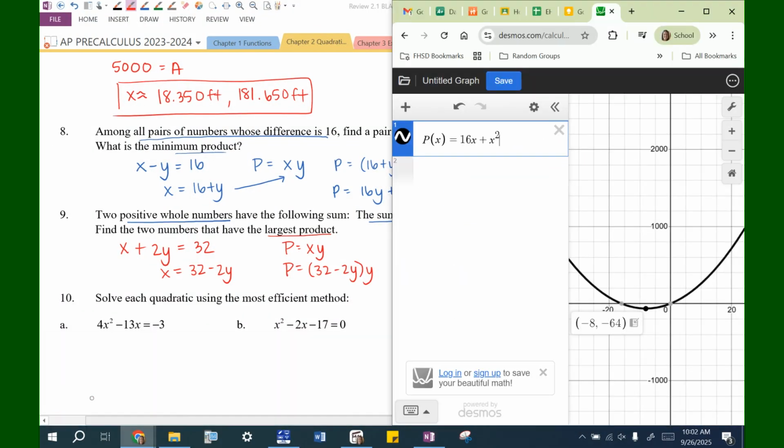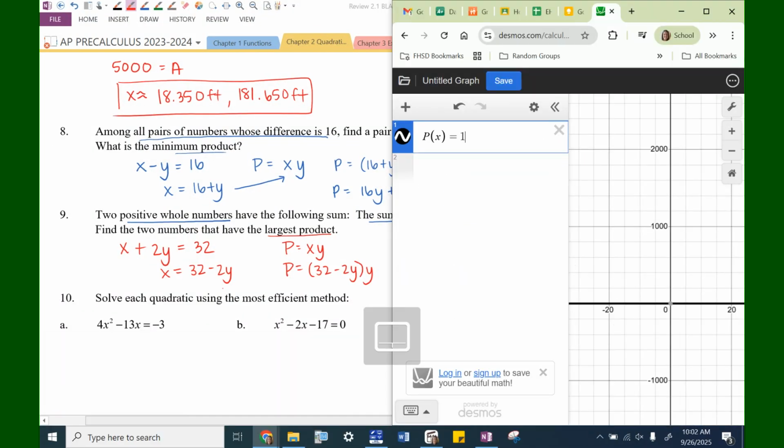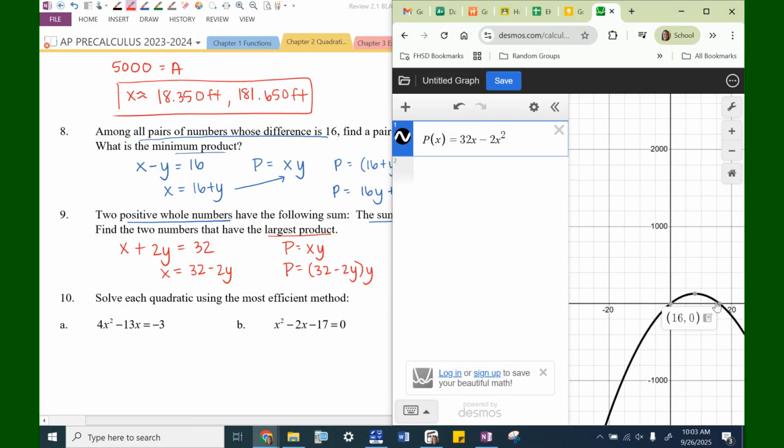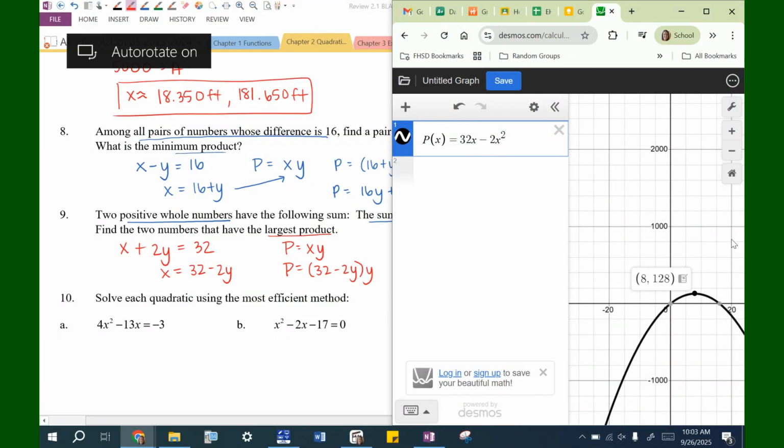So let's type this into Desmos. p of x this time is 32x minus 2x squared, ignoring the fact that it says y. And I want the vertex of that, right there: 8, 128.